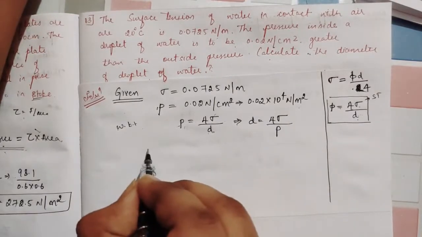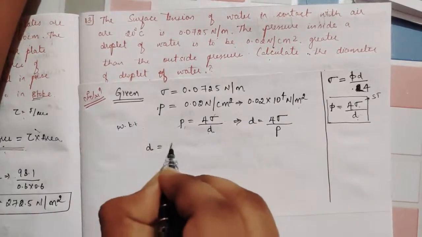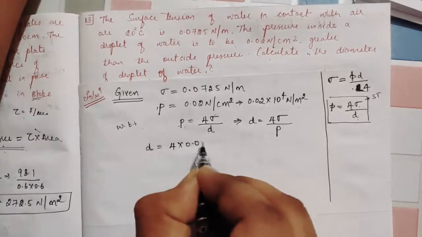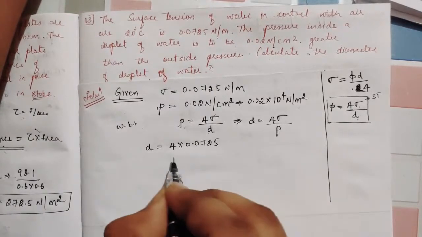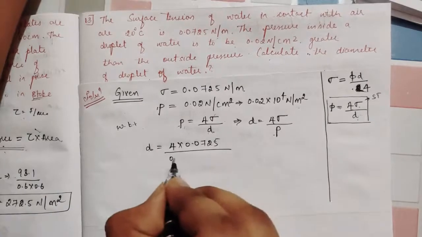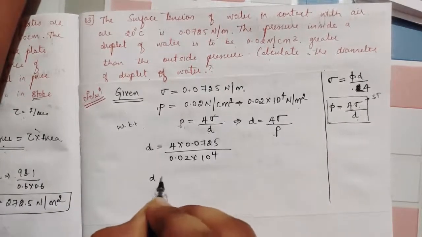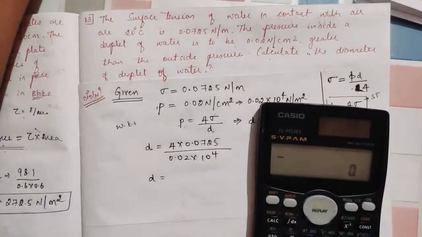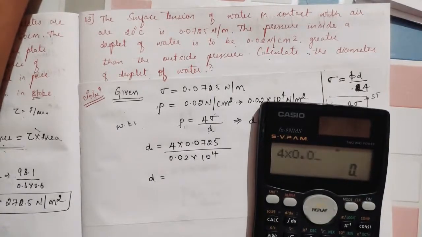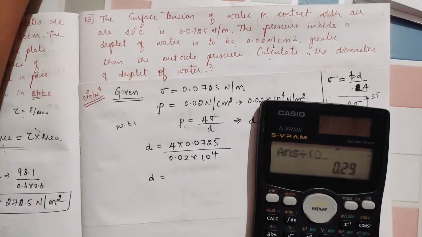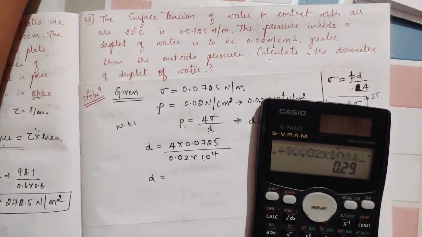So D is equal to 4 into 0.0725 divided by P, which is 0.02 into 10 power 4. So the value of D will be 4 into 0.0725 divided by 0.02 into 10 to the power of 4.